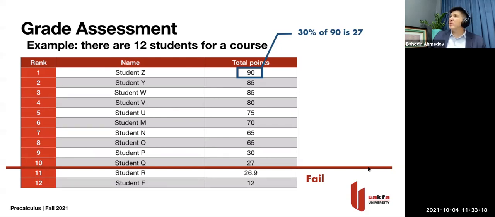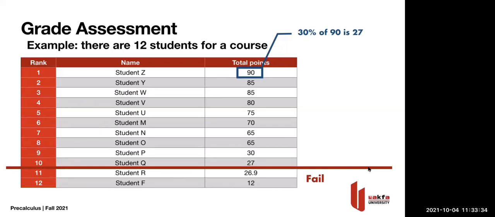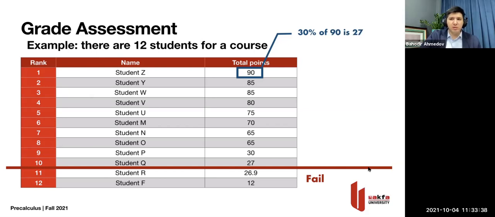From my experience, I taught a statistics course last semester, and 55% of students failed. The number of students was 120, I think, and 55%, so 65 students, I think, failed the course. So I think you need to take this seriously. But if all of the students have got more than this cut line, more than 27, no one fails.